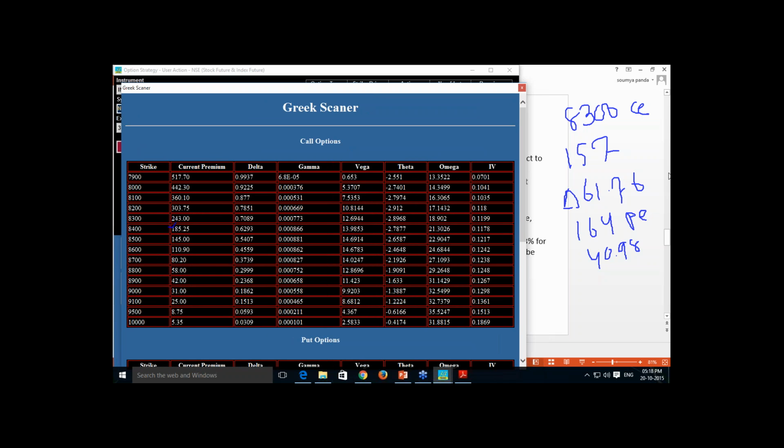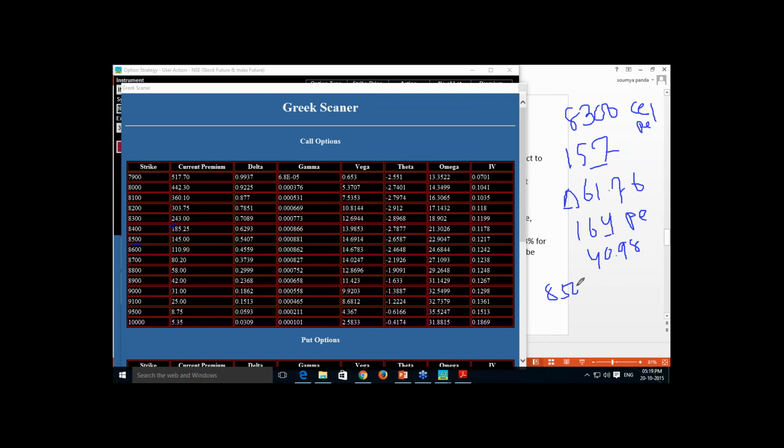So in this order, I bought the 8,300 call and the 8,300 put option, this is for November. I paid 157 and 164. If I am selling one 8,500 call option, there I am getting 145 rupees.